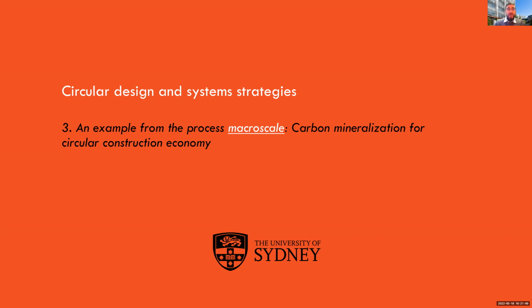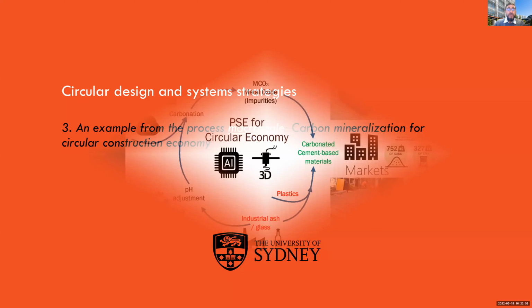Another example I think I will share very quickly and I will finish up. Here is how we can use waste in carbon mineralization. This is again chemistry, chemical engineering, and construction materials.